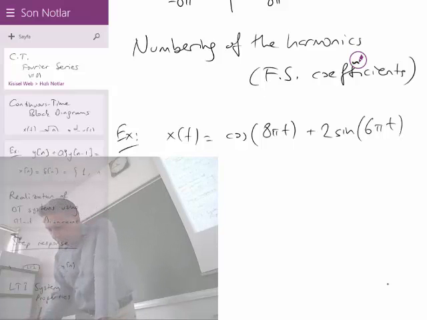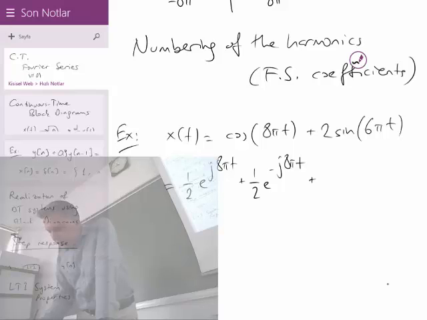Let's write them: 1 over 2 e to the j 8 pi t plus 1 over 2 e to the minus j 8 pi t, plus 1 over 2j times 2, which is 1 over j e to the j 6 pi t, minus 1 over j e to the minus j 6 pi t.